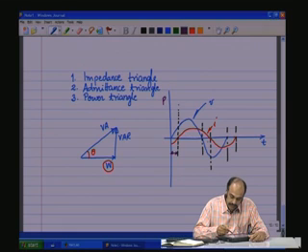During this portion, again, the voltage is negative, current is positive, and therefore the power value is going to be negative, and here both are negative, and therefore power is going to be positive, and so on.